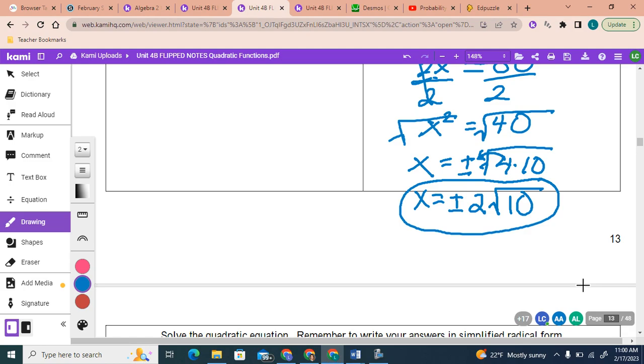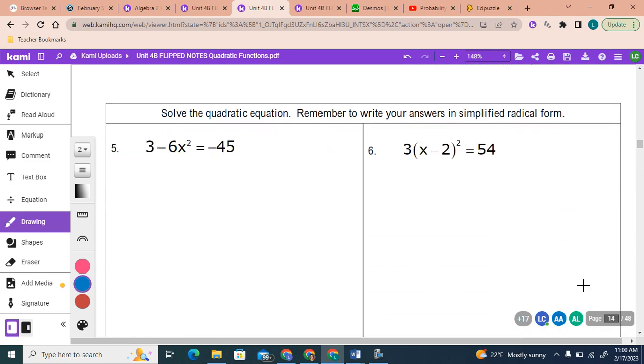All right. Let's go to the next page. Let's go to number 5. Ooh. SADMEP. What in the heck do I do here first? Subtract what? Subtract 3. I'm so glad you guys didn't say move the 6x squared.